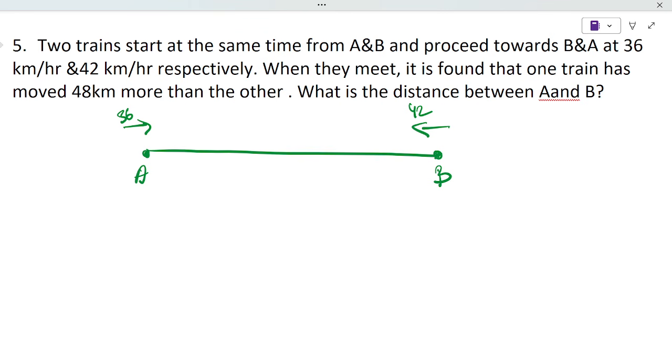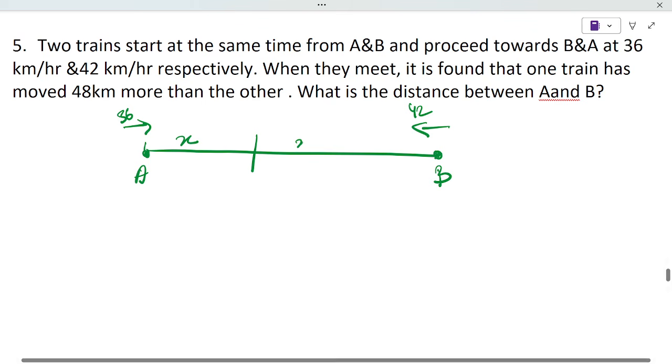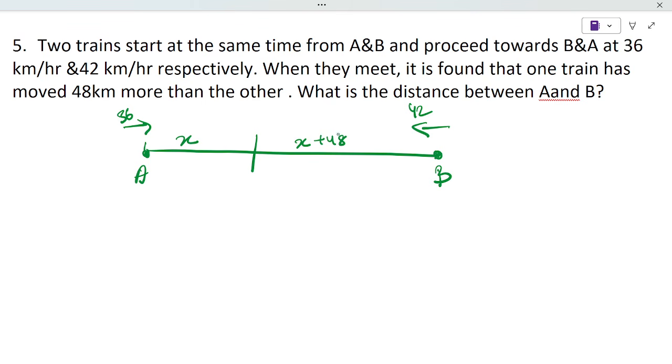So it is found that one train has moved 48 km more. 42 km per hour is faster than 36 km per hour, right? So the faster one will cover more distance.